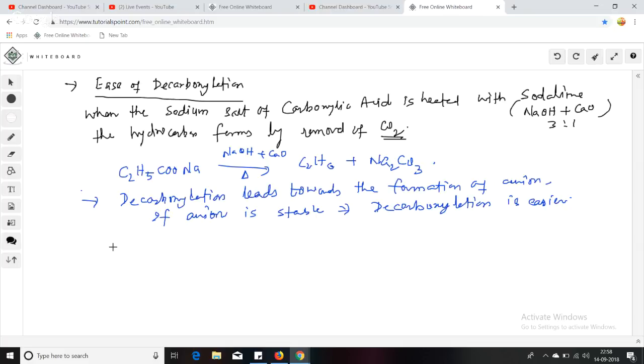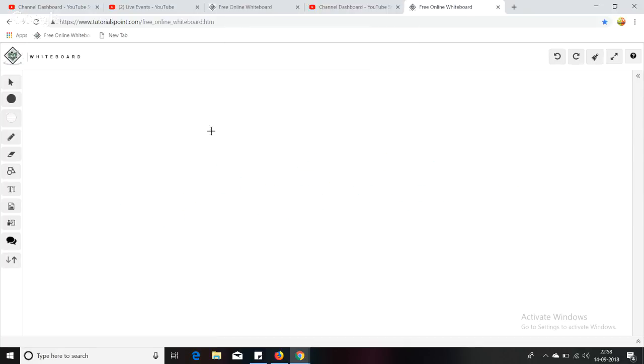Okay, so if you compare the decarboxylation of three compounds, we'll take one example to understand this. First one we have Cl3CCOOH.